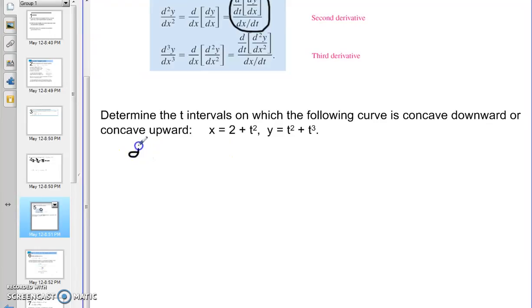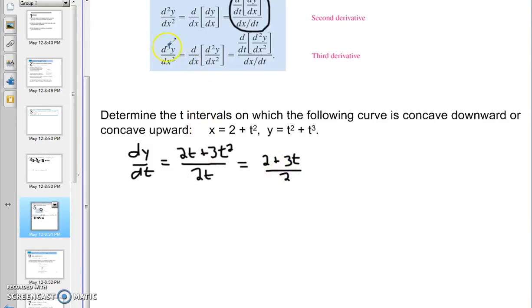So of course we're looking for the second derivative, but first let's find the first derivative, which is equal to dy/dt on top, so that's 2t plus 3t squared, over dx/dt, which is simply 2t. And if you want to, you can simplify this. You can see a t would factor out of everything, and we'd be left with 2 plus 3t over 2.